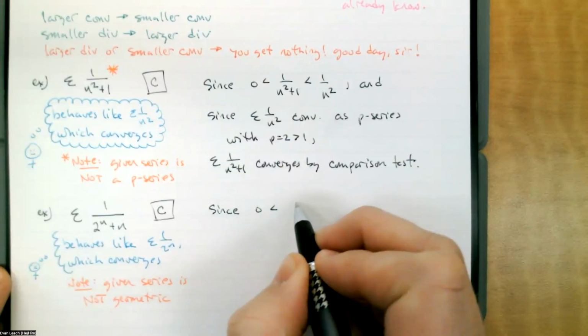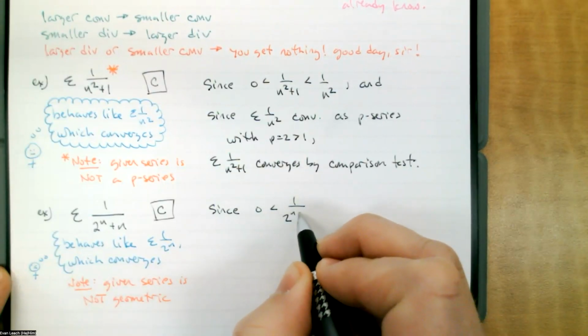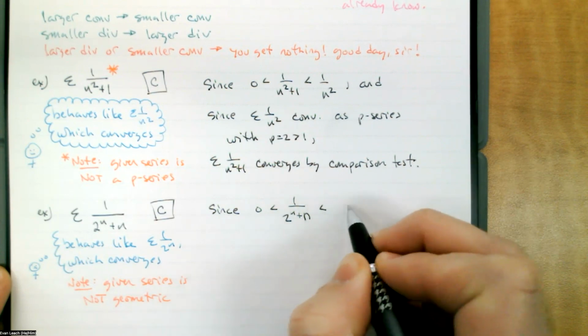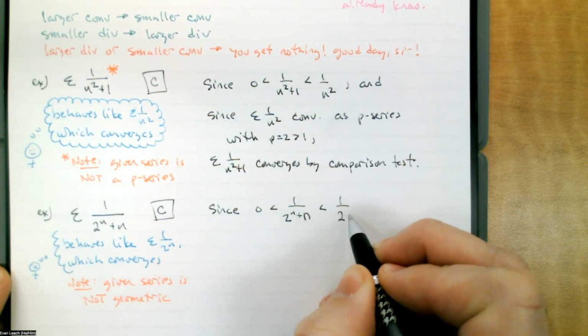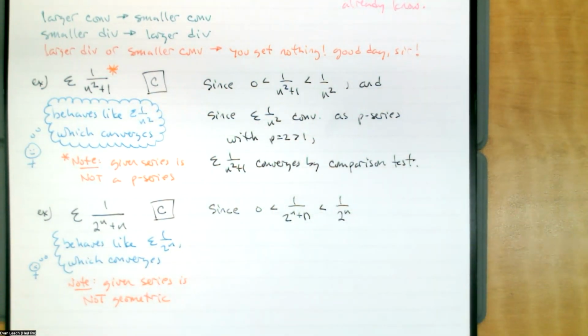Since the terms of this series are always less than the terms of the series 1 over 2 to the n, because I've made the denominator bigger, that makes the whole fraction smaller.